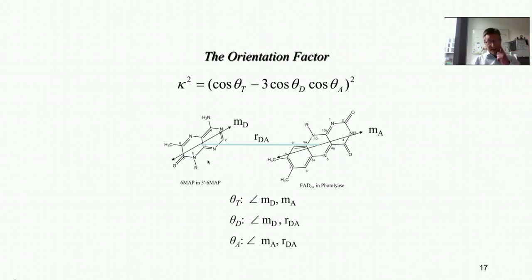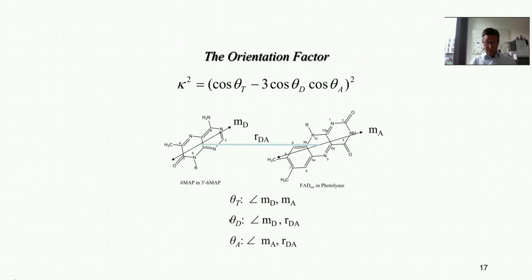So let's say two molecules that can interact. The transition dipole moments here are these black arrows, so you can calculate them or determine them in other ways. It is the angle between these two transition dipole moments and the line that connects the centers of the chromophores. That is the orientation factor.